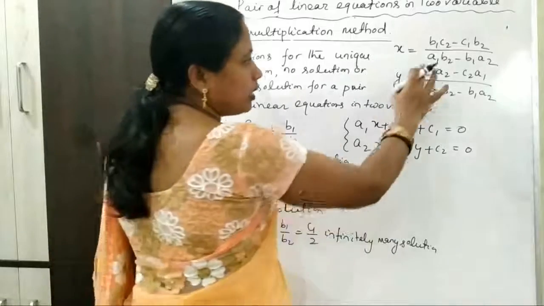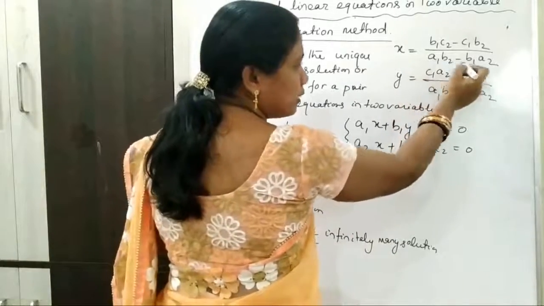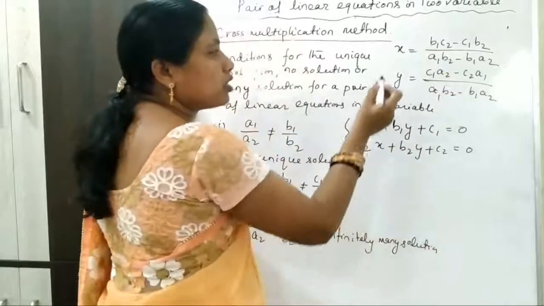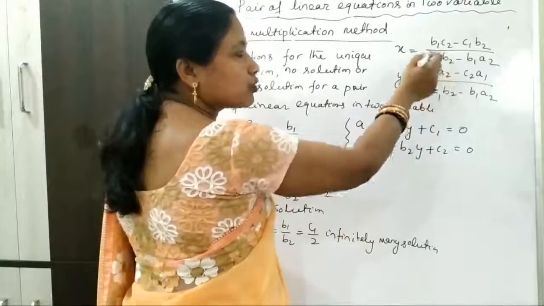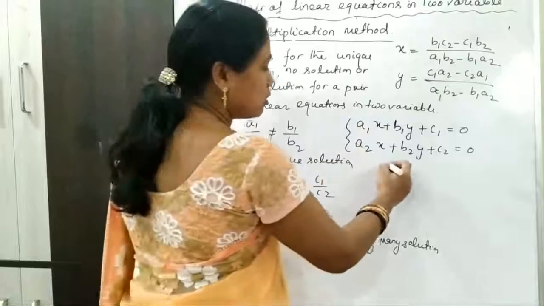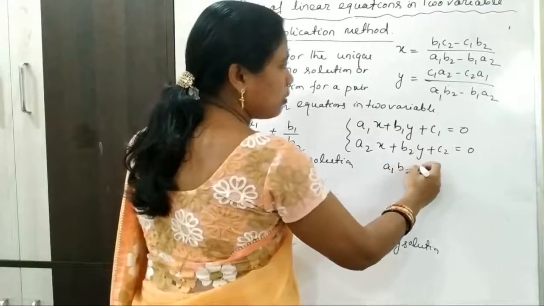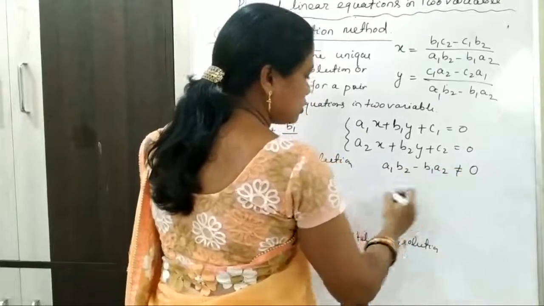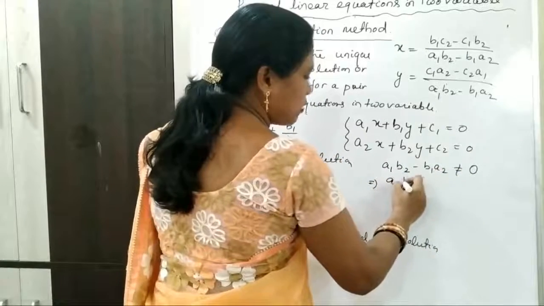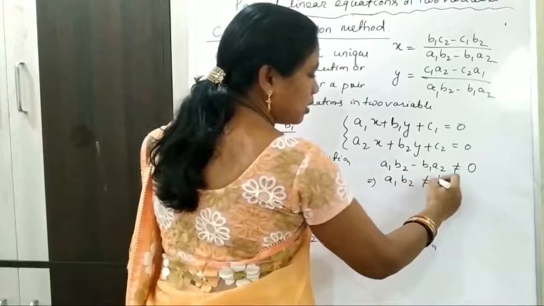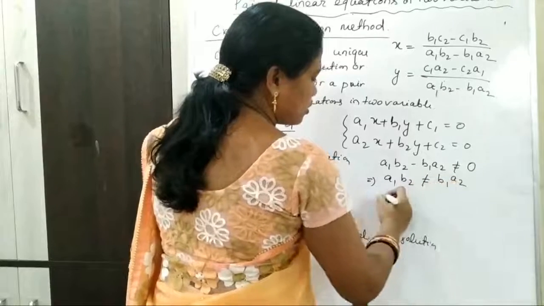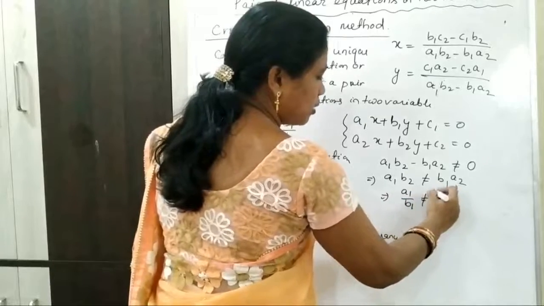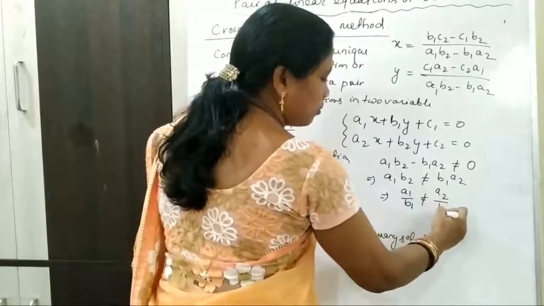For example, here in the denominator A1 B2 minus B1 A2 is present. So for unique solution, it should not be equal to 0. So A1 B2 minus B1 A2 should not be equal to 0. So this implies A1 B2 not equal to B1 A2. So this implies A1 by B1 is not equal to A2 by B2.